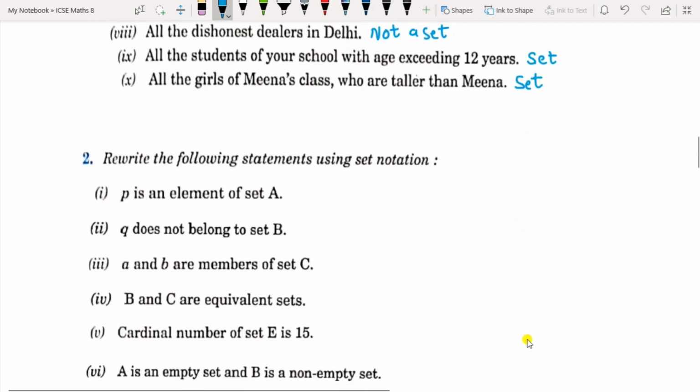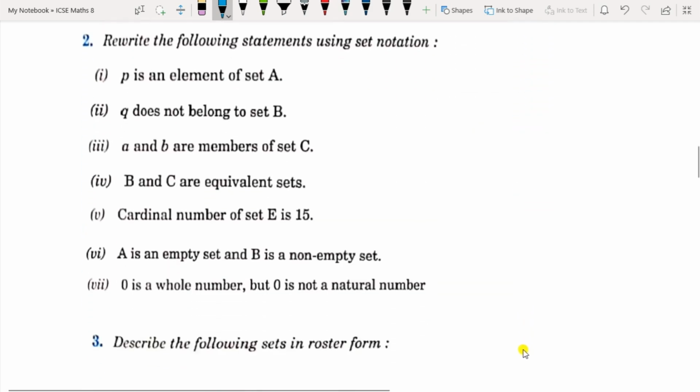Let us move on to question 2. Write the following statements using set notation. It is given in statements here. You have to write in set notation. P is an element of A. That means P belongs to A. So that is called the set notation.